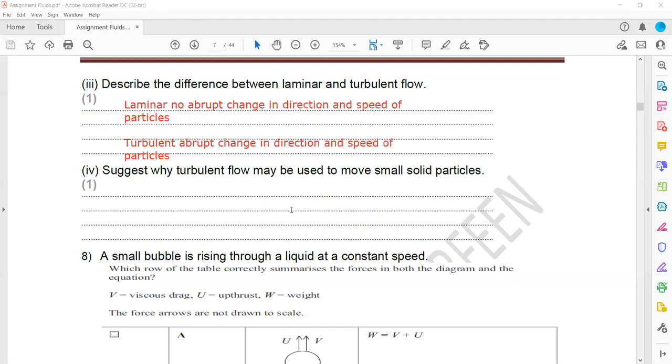The next one suggests why a turbulent flow may be used to move a small solid particle. Because when there's a turbulent flow, the particle will have more collisions with the solid. So it will exert, in turbulent flow, a continuous change or disruption of the particle's flow, so it does not allow the particle to stop.